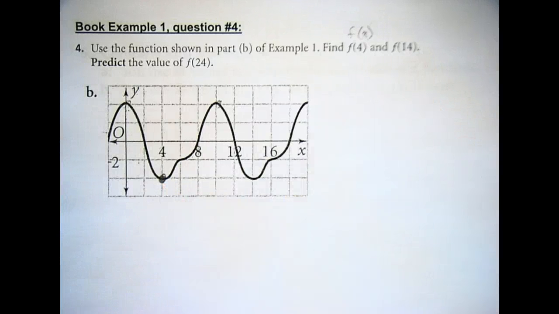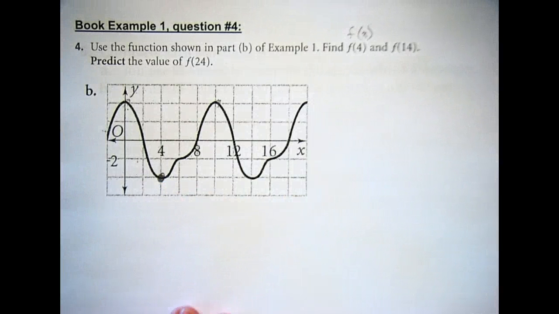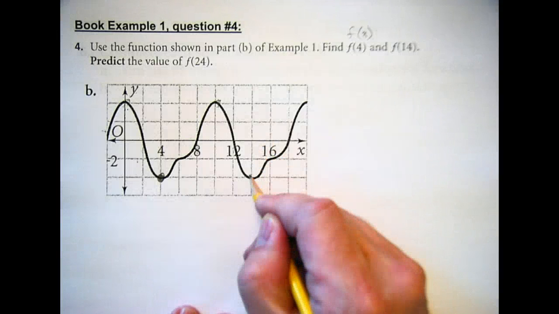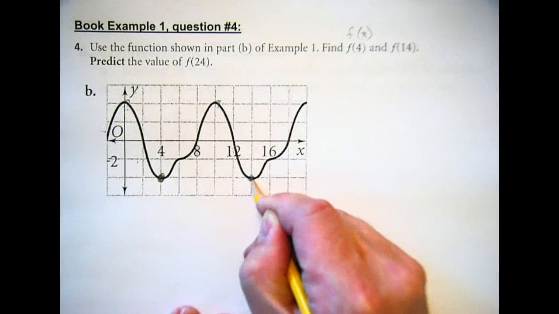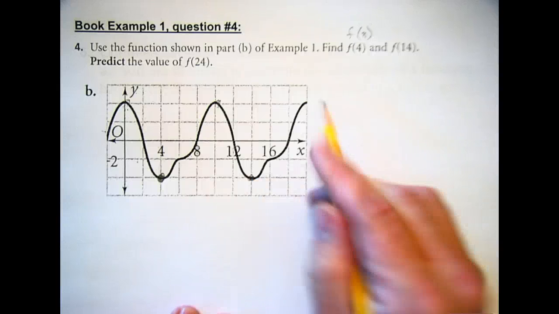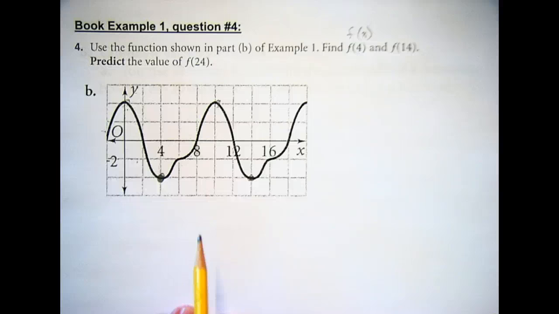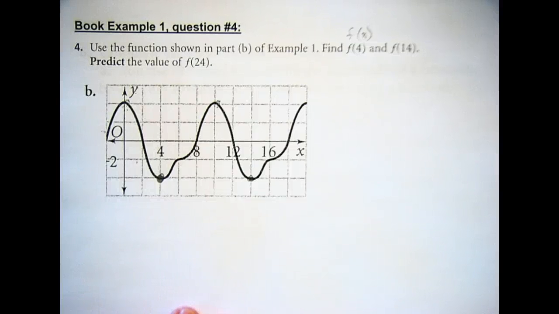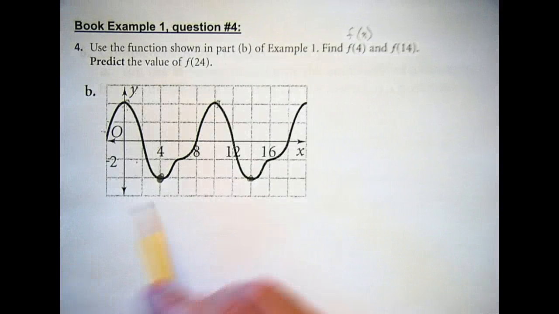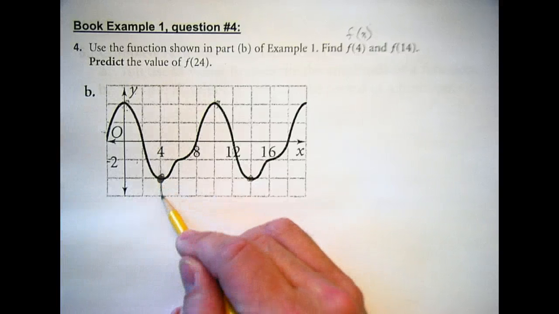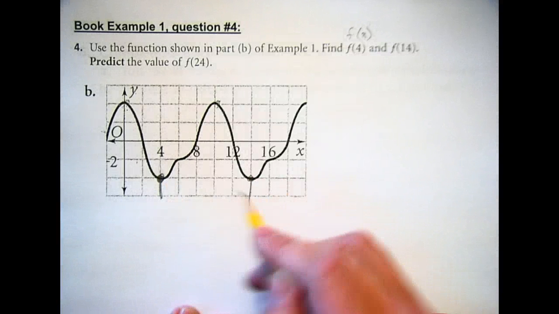Okay, how about f of 14? Yeah? -4. Brittany, what'd you get for f of 24? Also -4. How did you know that? It doesn't even go out that far. Yeah, there's a pattern, right? So this thing from here to here, what do we call that?